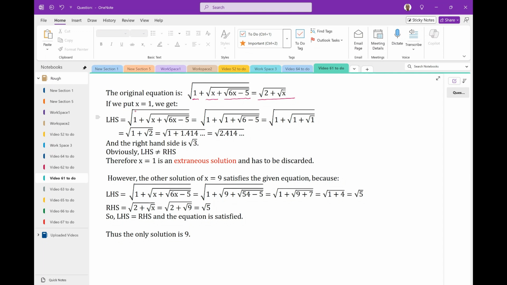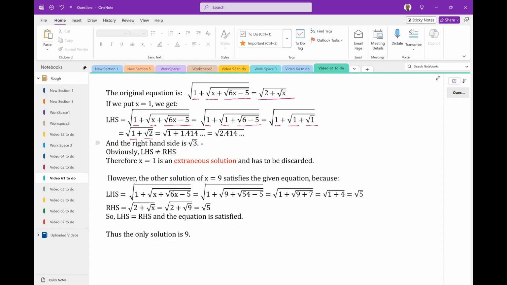If we put x equal to 1, we get on the left hand side square root of 1 plus square root of x plus square root of 6x minus 5, which is equal to square root of 1 plus square root of 1 plus square root of 6 minus 5, and that is equal to square root of 1 plus square root of 1 plus square root of 1, and that is equal to square root of 1 plus square root of 2.